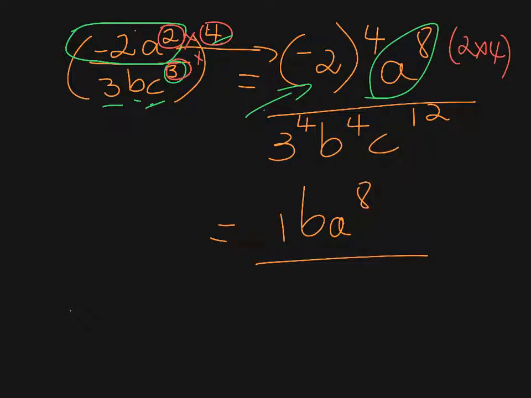Divided by, here, we have 3 to the power of 4. Put that in your calculator and you would get 81. These two here, b to the power of 4 and c to the power of 12, we can't simplify any further, so it's simply written as b to the power of 4, c to the power of 12. And that is the correct answer.